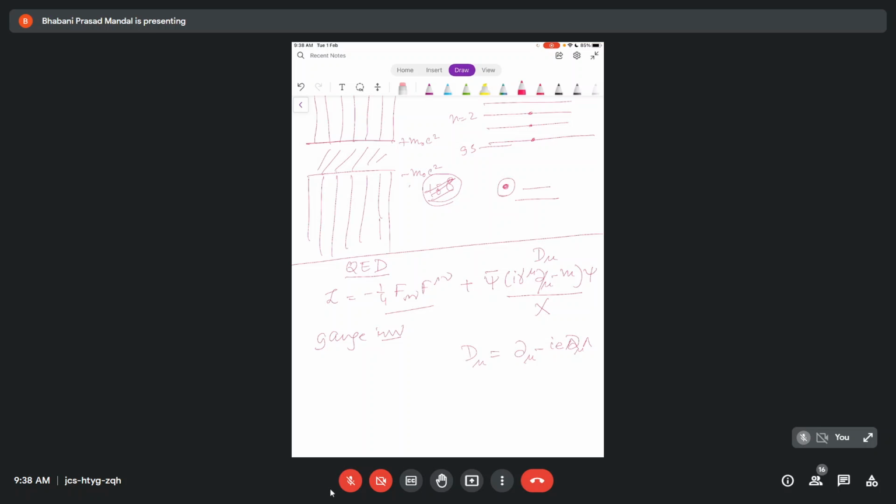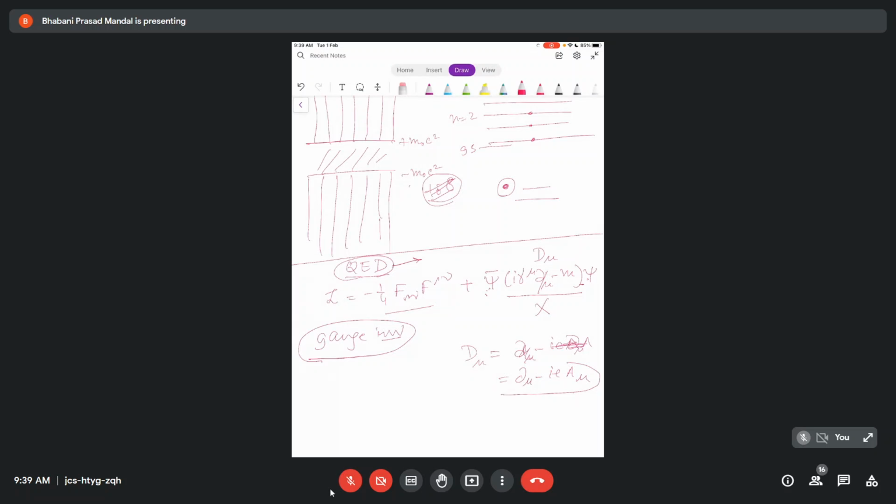Oh no, I wrote this wrong. Let me write: del mu minus i e A mu. The photon field will come here, and then photon and psi will interact. So two fermions and one photon will interact, and that will come from gauge invariance. I'll discuss this later when I come to quantum electrodynamics, and that is the main thing you learn here.